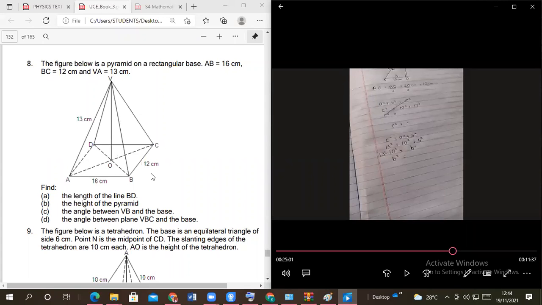Natisha? Yes, what was your height of the pyramid, VO? 8.3 centimeters. And what was the angle between VB and the base? The angle was 15.6.